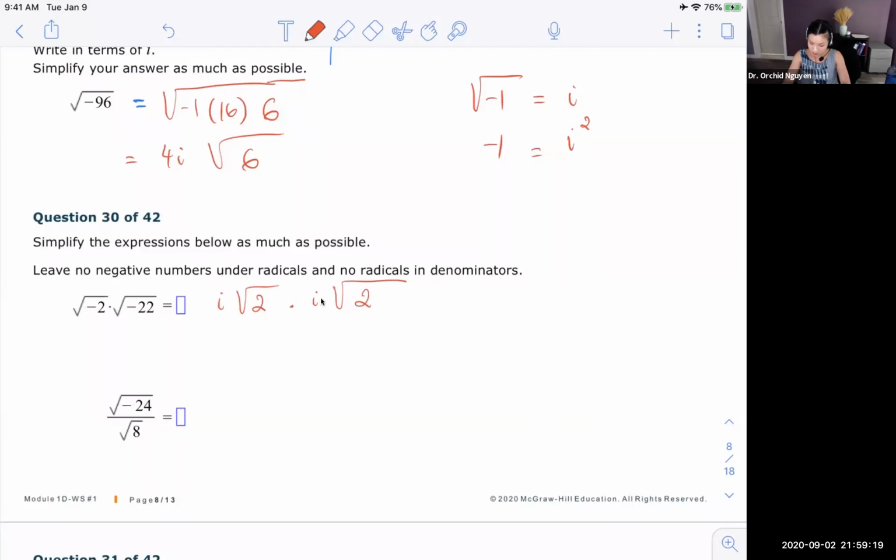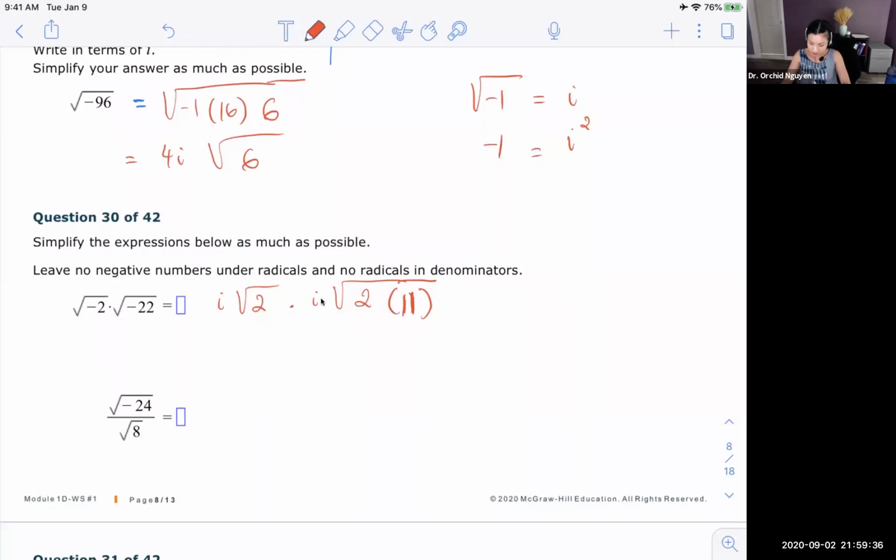The reason I put radical 2 times 11 is because don't forget that radical 2 times radical 2 is just 2.